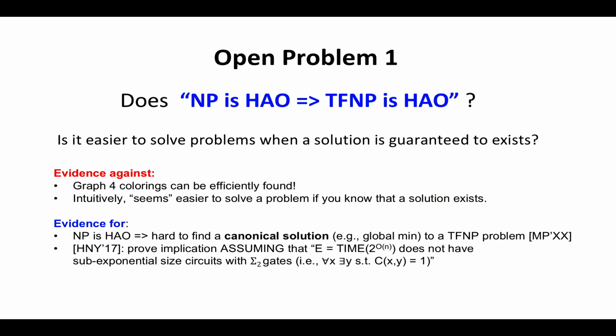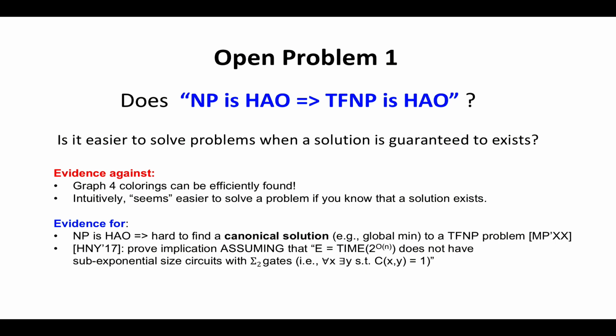Now, evidence for these implications, we also have that. In fact, already the original paper by Megiddo and Papadimitriou showed that if NP is hard, then it's also hard to find a kind of canonical solution for a TFNP problem.